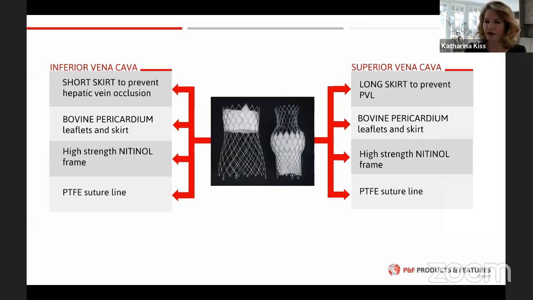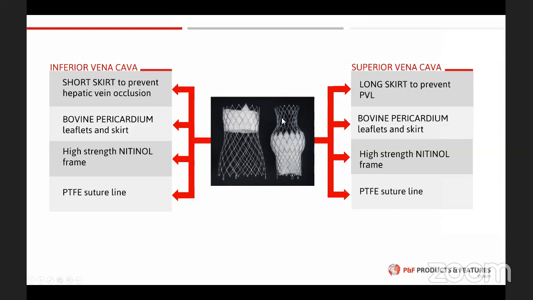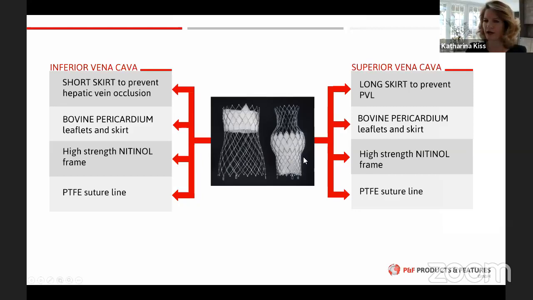For the superior vena cava valve, you can see the crown, as I call it, the upper part, which is meant to be in the confluence of the brachiocephalic veins. Then you have the belly, which will anchor in the superior vena cava, and the valve-bearing segment facing the right atrium.